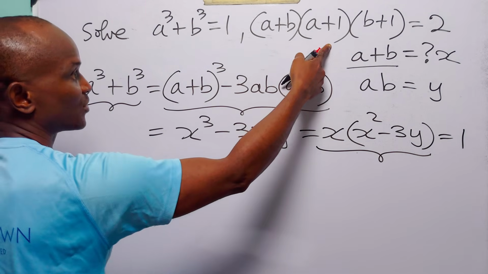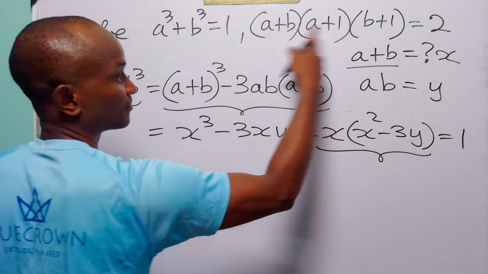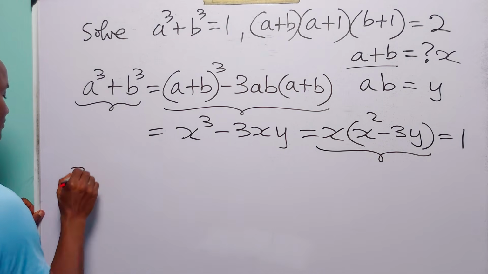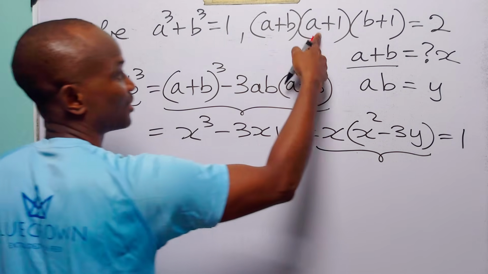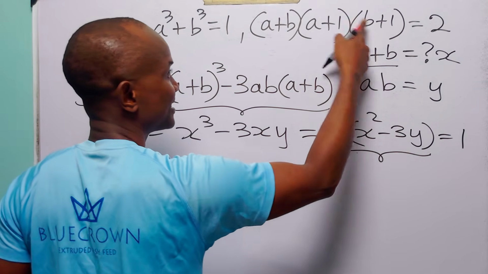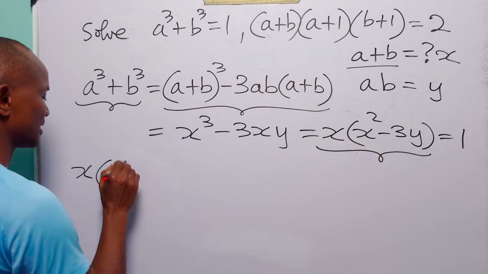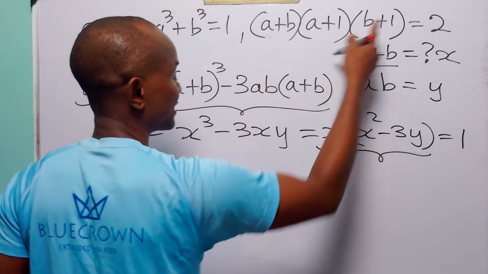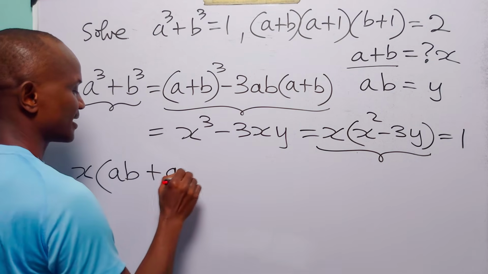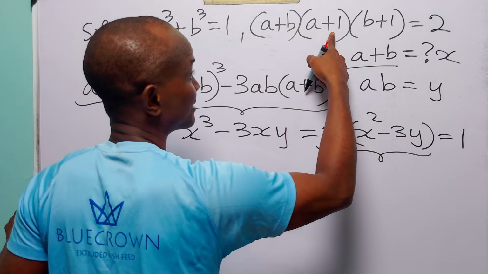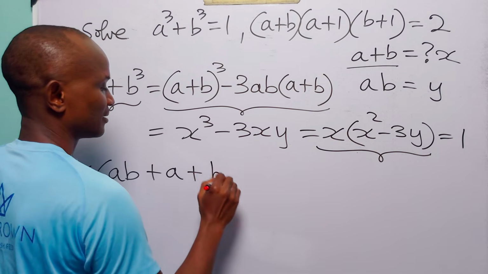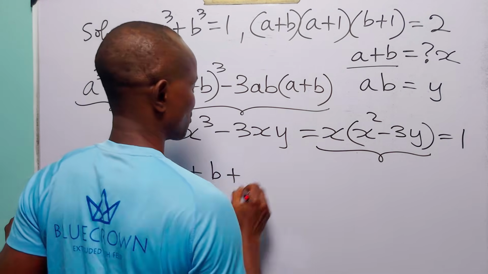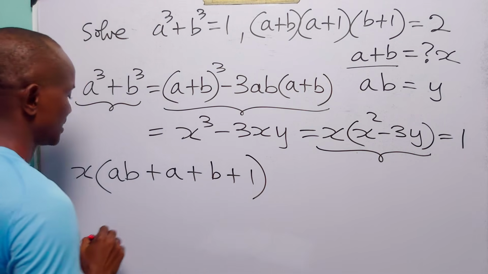Now, from the second equation, already we have x. Let us multiply these two factors. A times b is ab. A times 1 is a. B times 1 is b. And 1 times 1 is 1.